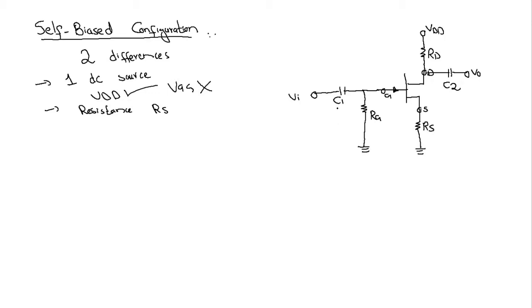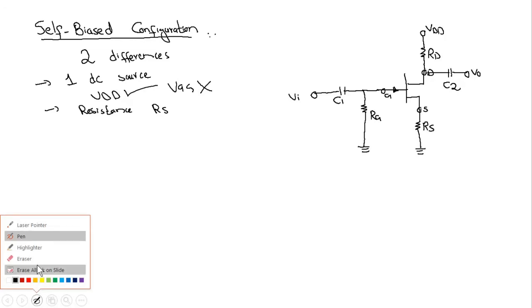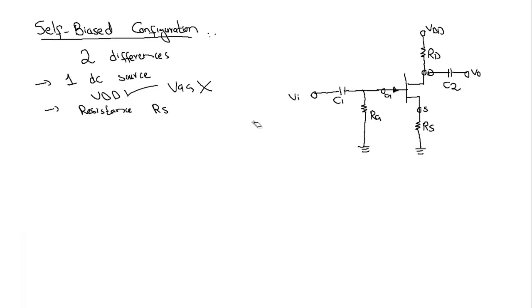Again, I have two capacitors C1 and C2, and for DC analysis these capacitors will be open circuited. So let me erase these capacitors from here. I am going to erase C1, I am going to erase this branch, and I am also going to erase this branch over here.